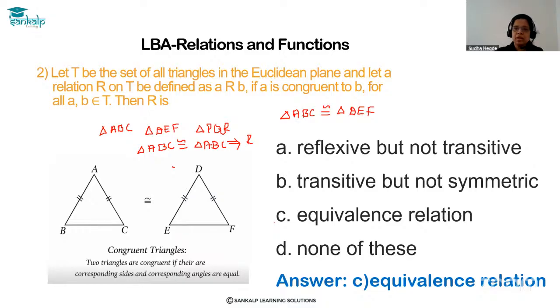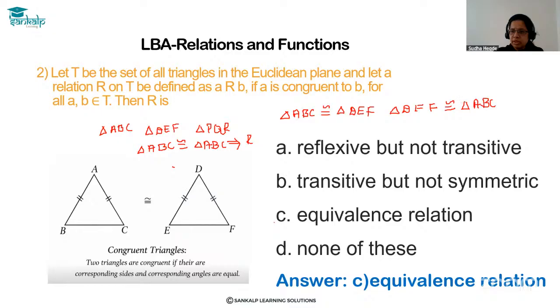Similarly, corresponding sides of ABC are equal to corresponding sides of DEF. So if you take the reverse, that is triangle DEF, it is congruent to triangle ABC.